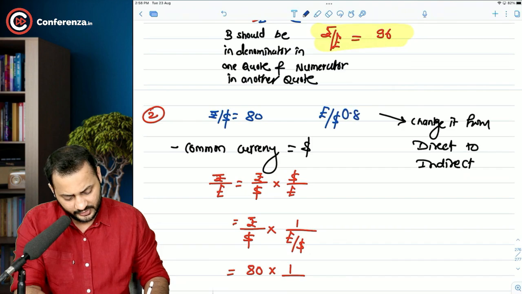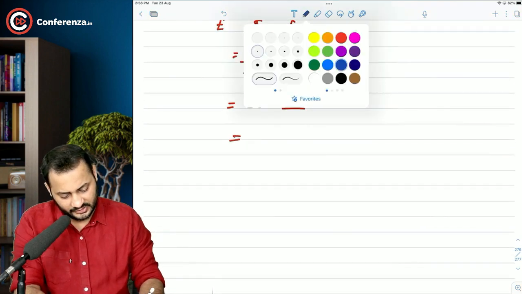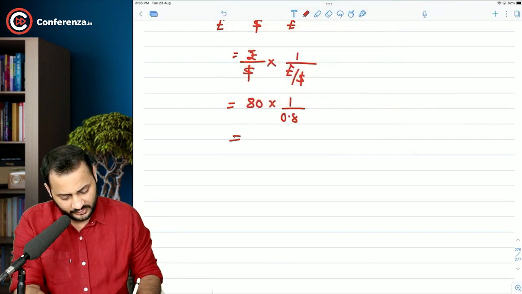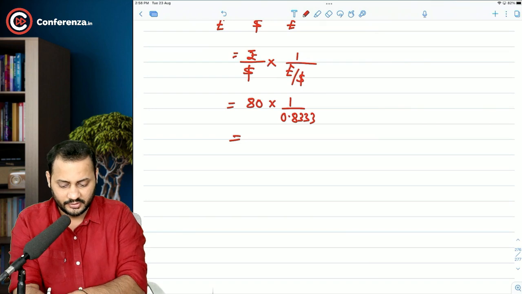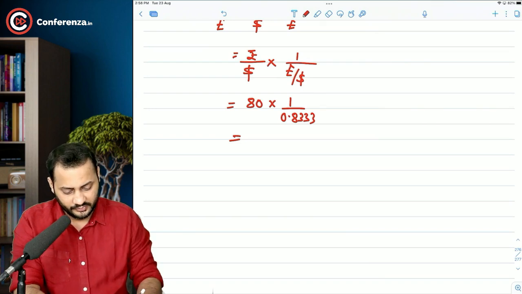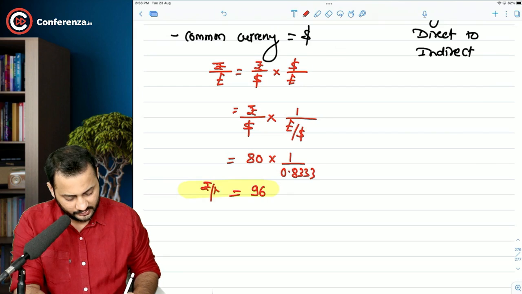So let me keep 0.8333. So if we do the same thing here, 80 divided by 0.8333 will give you 96. Now you can clearly see the answers are matching. That is called as rupees per pound.